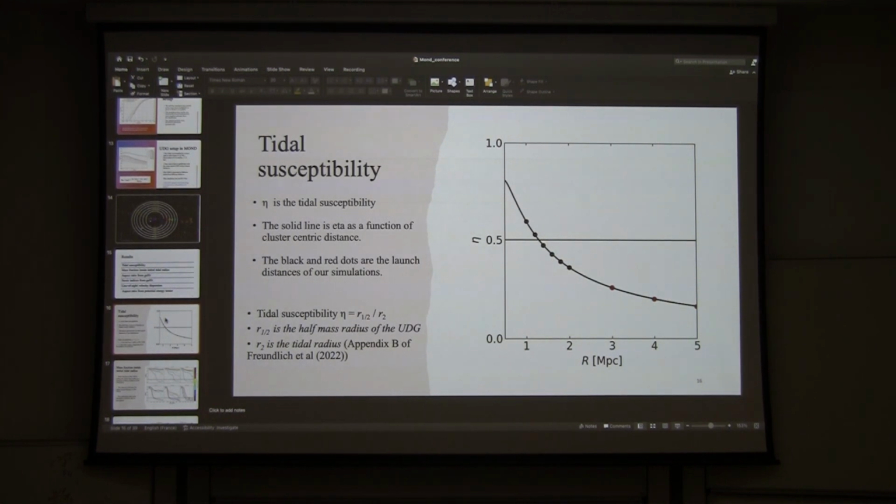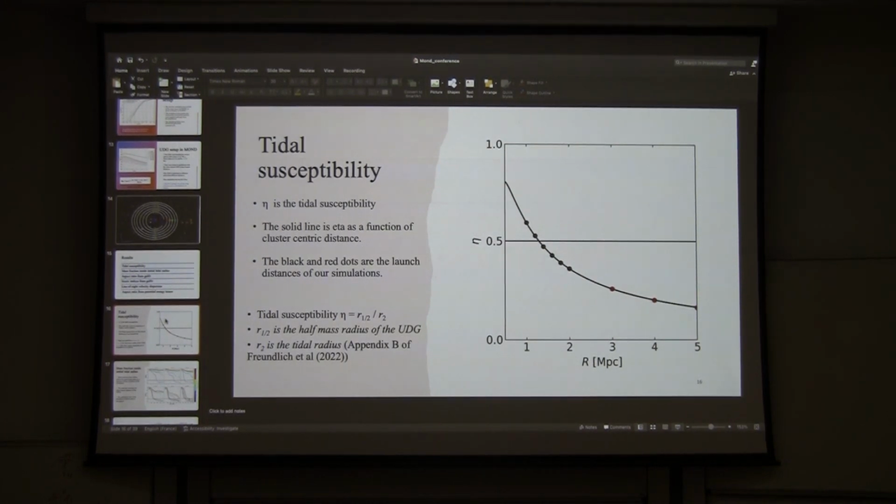Well, this depends on the scenario. I set it up so that they have not yet gone through the pericenter. I see, so in your simulation this eta is appropriate. Yes. But observationally it's not easy. When it goes to pericenter, of course, it will be much higher than 1, because it undergoes severe disruption.